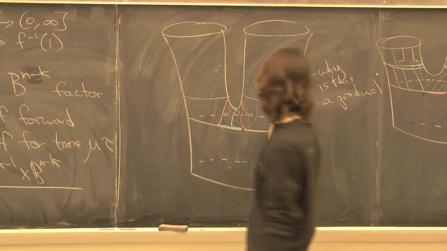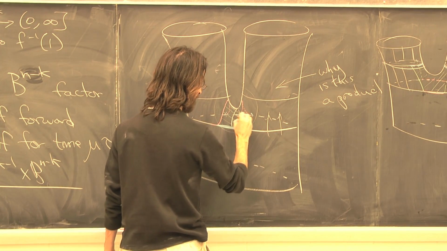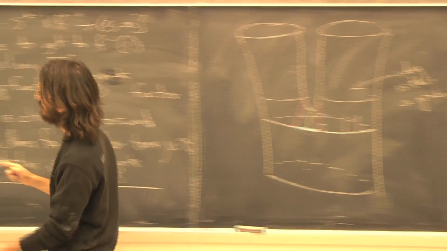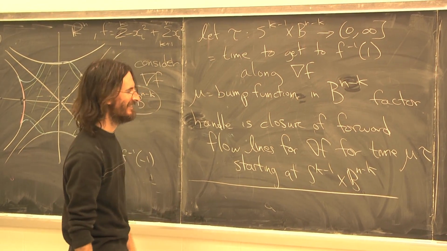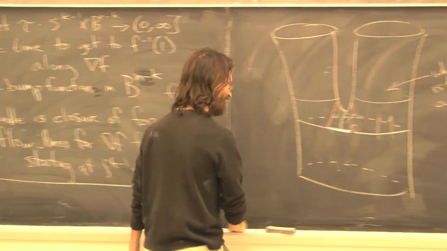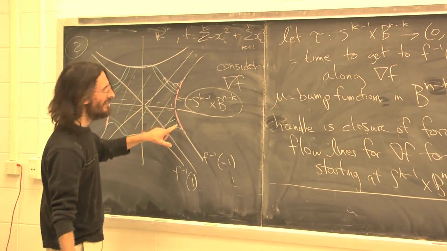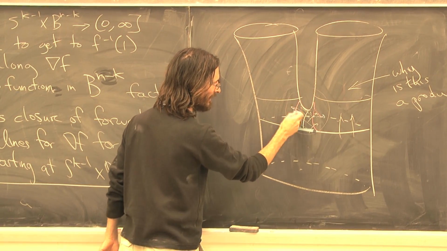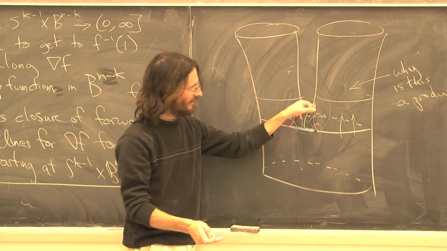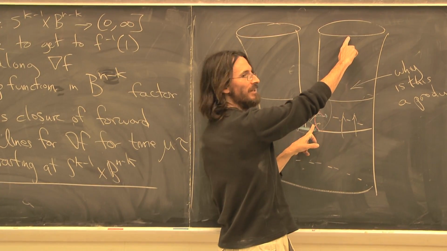And what I claim is we still have a gradient vector field, right? But the extra advantage is that it's transverse to the new boundary, and it's still nowhere zero up here.